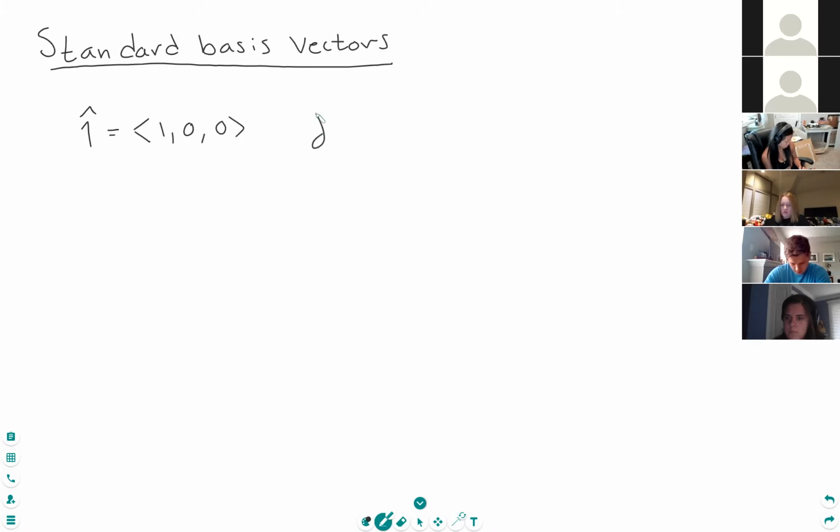We'll also have j hat, 0, 1, 0. And then finally, we'll have k hat, which is 0, 0, 1. So using a combination of these three vectors, we can write any vector in R3.